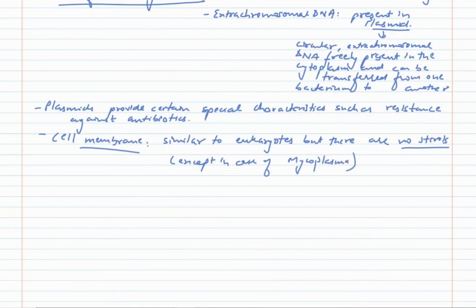Except in mycoplasma, there are no sterols in the cell membrane, whereas in eukaryotic cells, the cell membrane has an ample amount of sterols.